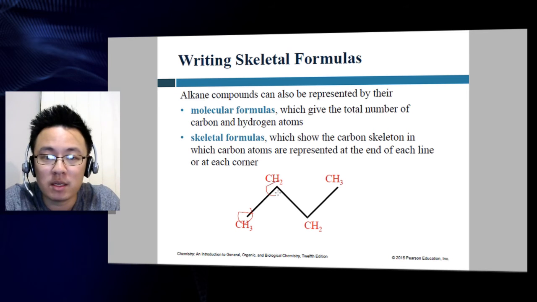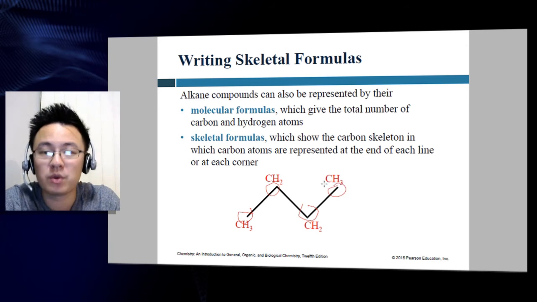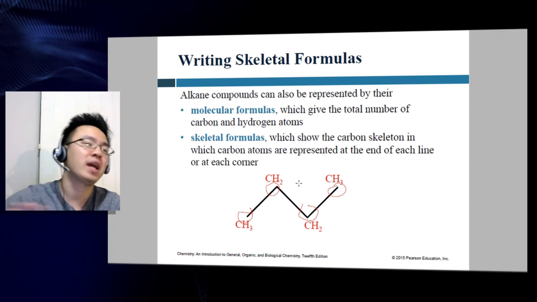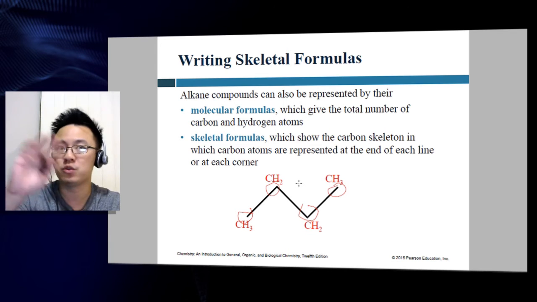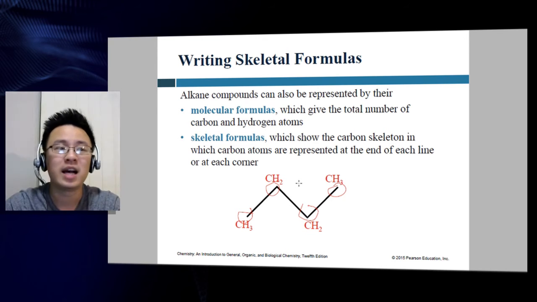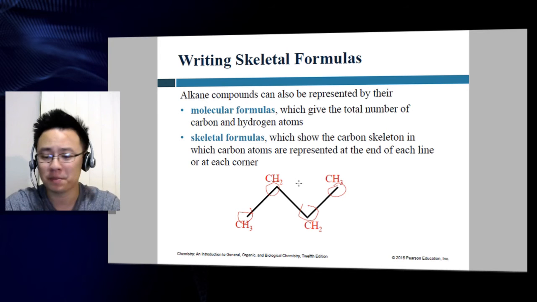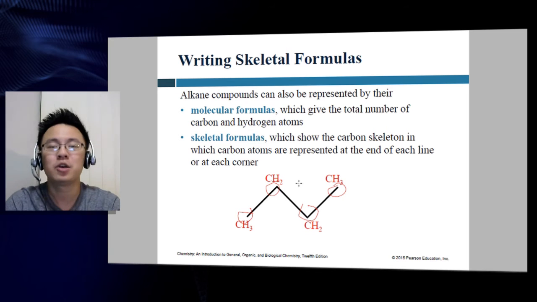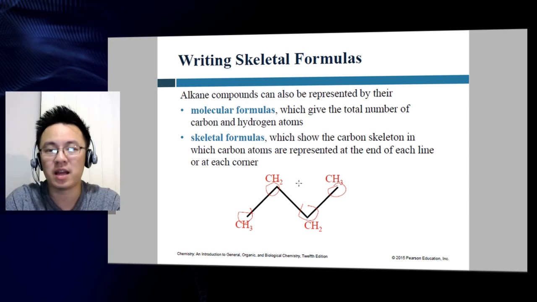We have 1, 2, 3, and 4 different vertices. Each one of those vertices is implied to be a carbon, and if it doesn't have an oxygen or any sort of substituent indicated, we can assume it's a hydrogen. Because let's face it, hydrogen being the smallest atom out there, nobody wants to sit around and draw little hydrogen atoms everywhere. So in science, it is implied.